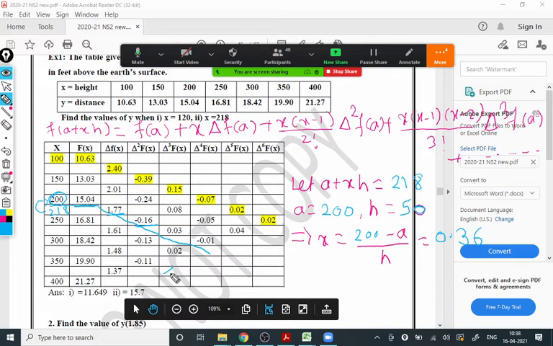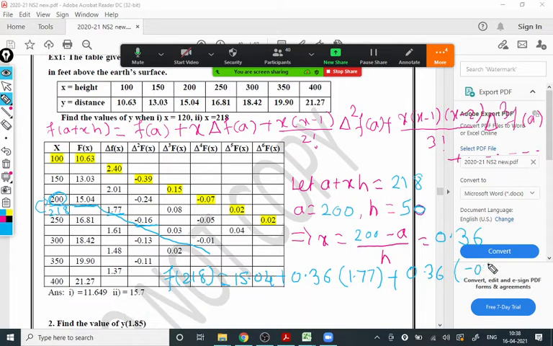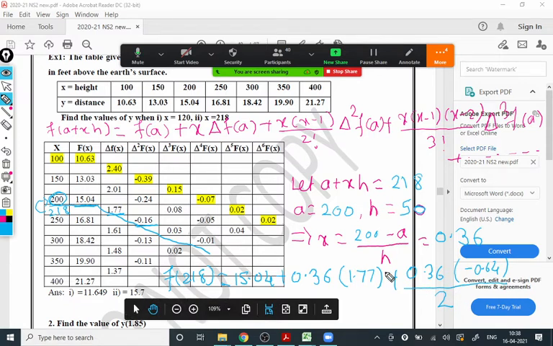So when we calculate f of 218, f of 218 is equal to f of a, which is 15.04, plus x, that is 0.36, into delta f of a, that is 1.77, plus x into x minus 1, that is 0.36 into minus 0.64, divided by 2 factorial, into delta square, so minus 0.16.